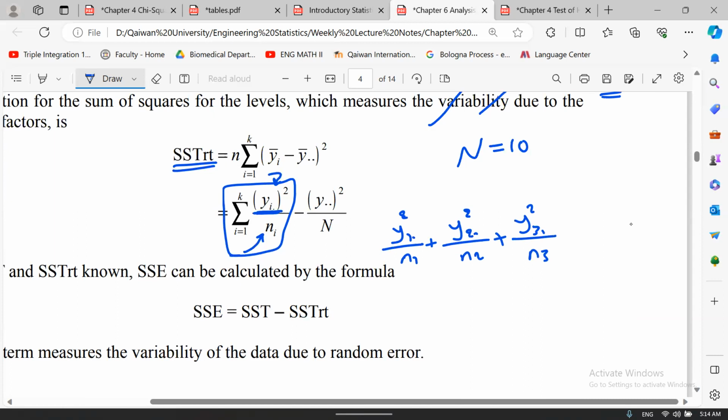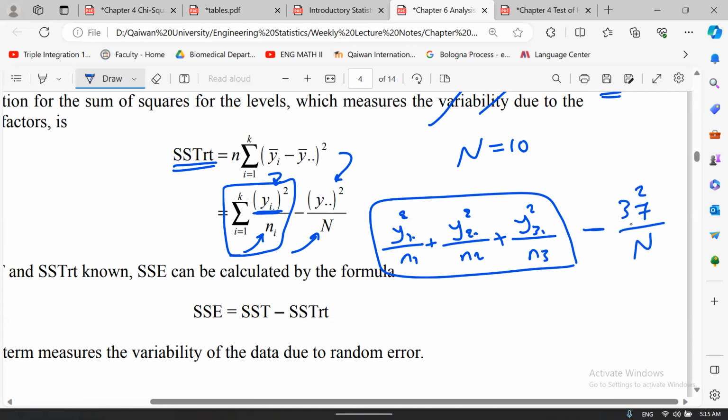We already found the total of elements at each level, and the number of elements at each level, so it's easy to calculate this. Then minus Y double dot squared over capital N. Capital N is the total number of elements, which is 10, and Y double dot is 37, so minus 37 squared over N. Calculate this, which is SSTRT.